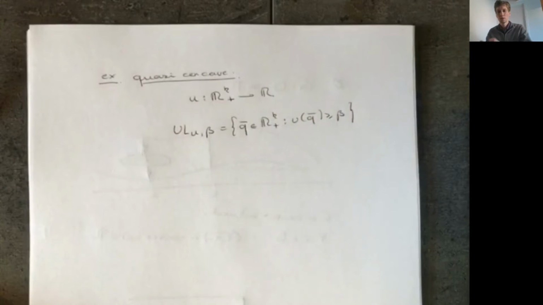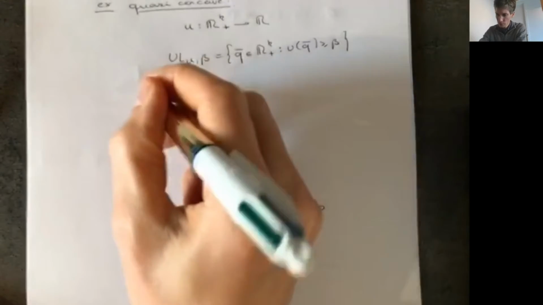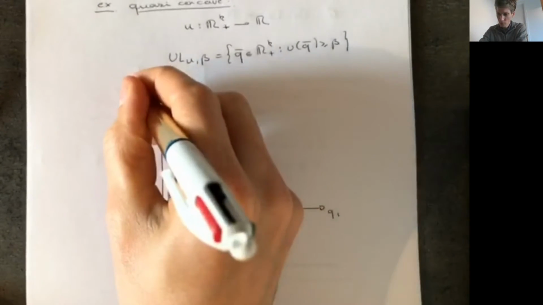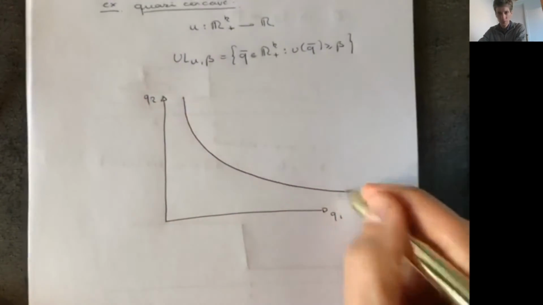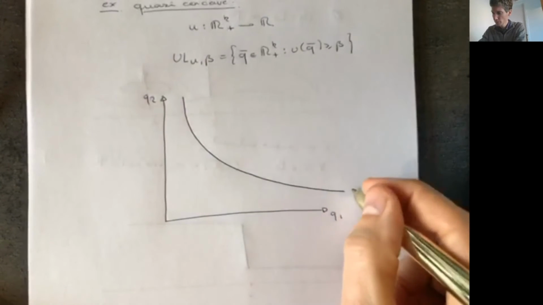Okay, so in economics these are also called the upper contour sets of the utility function. So remember from your micro course, if you have, for example, two goods, q1 and q2, what you can do is draw the indifference curve of this utility function.